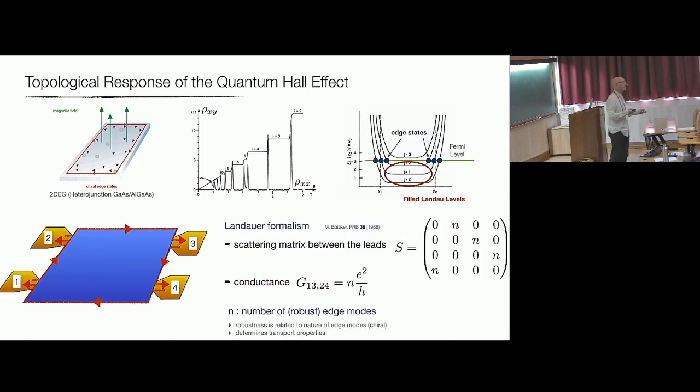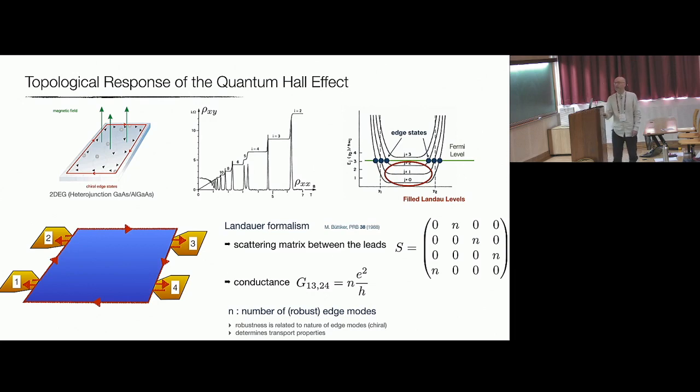There's an alternate way, of course, based on edge states. We know that because the phase is topological, we have edge states. Each Landau level gives rise to chiral edge states around your sample. On very general grounds, these chiral edge states, because you have a bulk in the sample, allow you to write down the scattering matrix between the electric contacts and your sample.